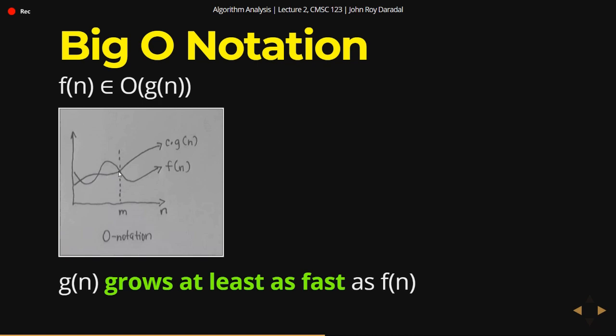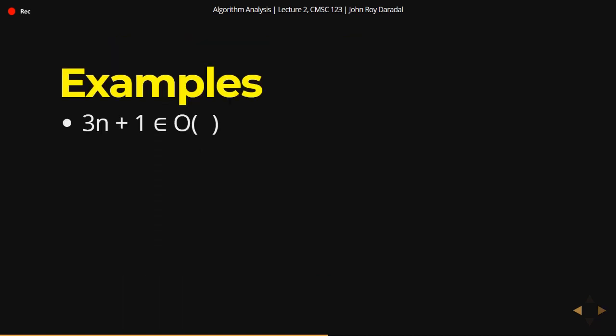But at some point, at some number m here, c times g of n will always be bigger than f of n. So we say that g of n provides an upper bound to f of n. So g of n grows at least as fast as f of n because g of n has a faster growth rate, which is bad, than f of n. So that's big O notation.